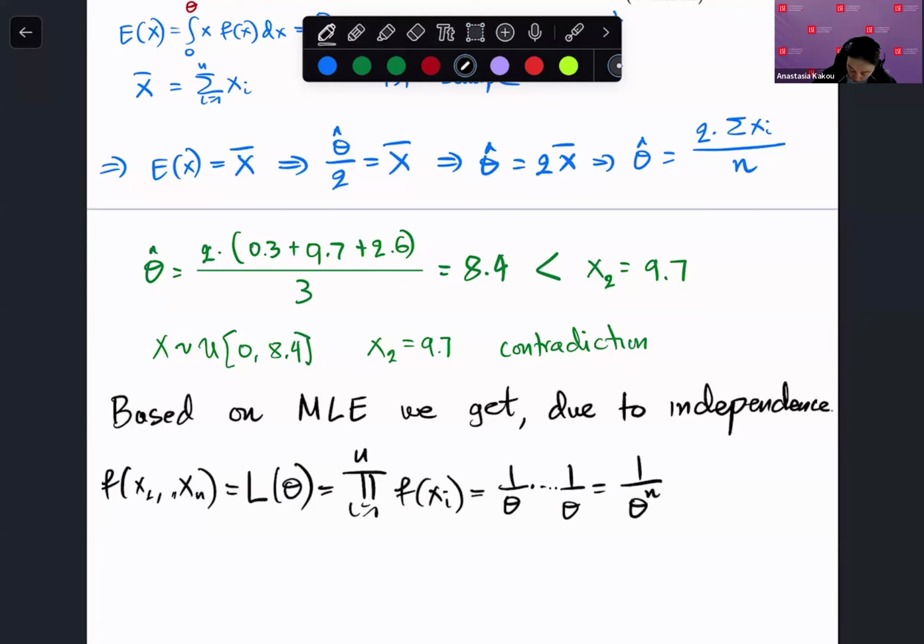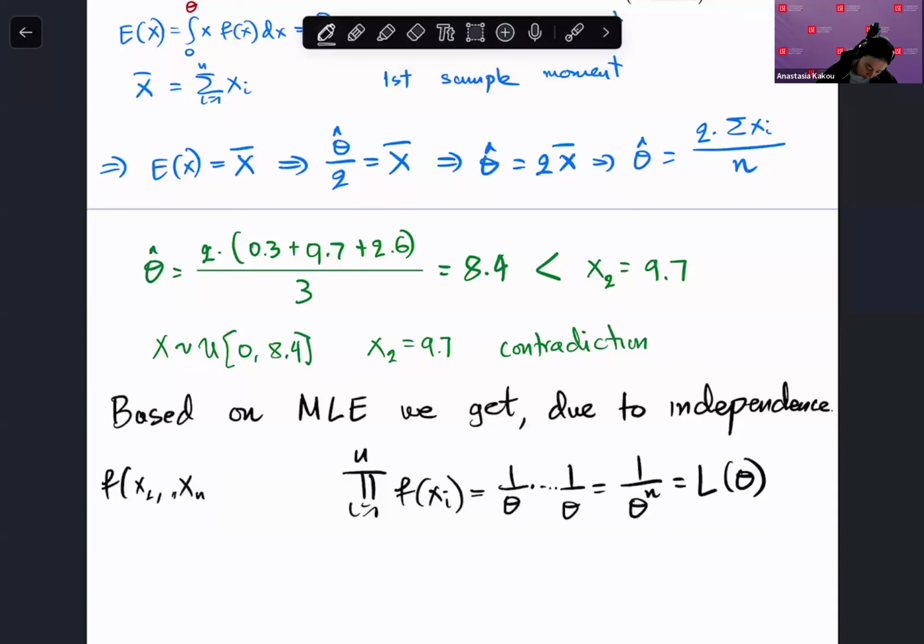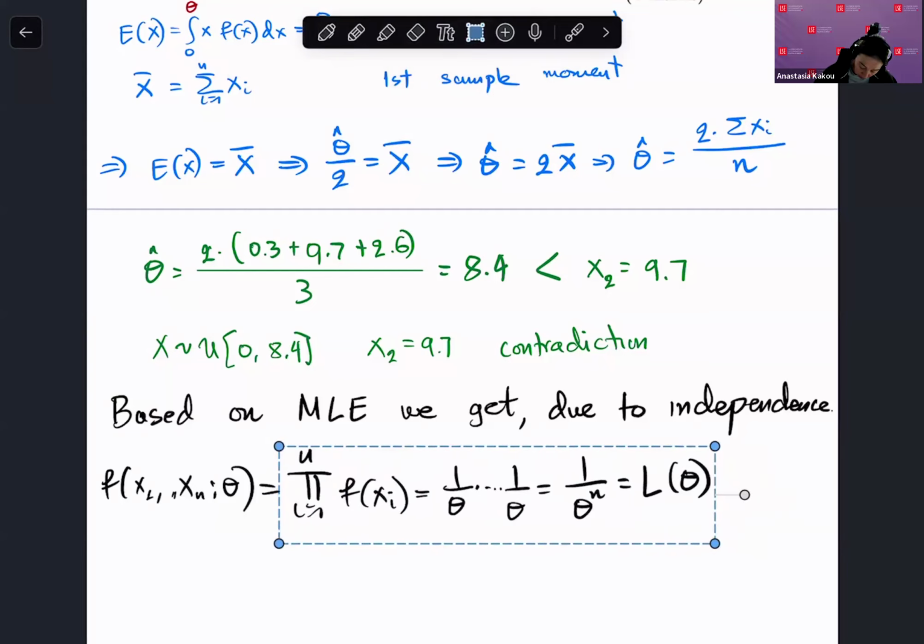So this is your likelihood function. Let me just correct that notation a bit. Okay, so this is your likelihood function.